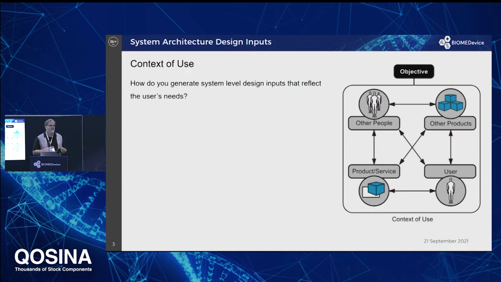Examples of those other system level inputs that might happen early in a project are power management, design for manufacturability, sustainability, and service, those kinds of things. So in this case, though, we're creating a methodology that gets the perspective of the user.